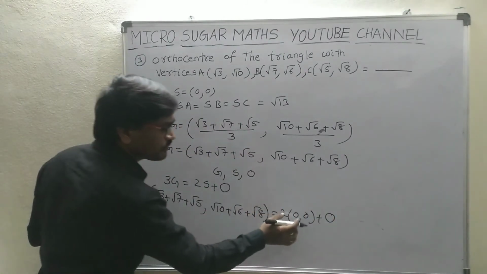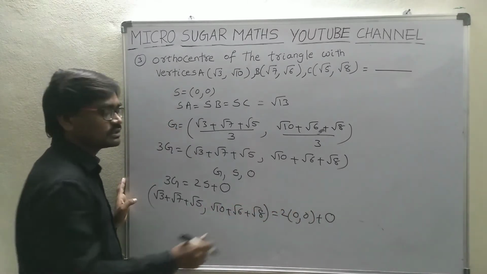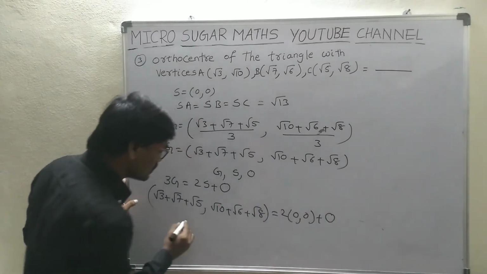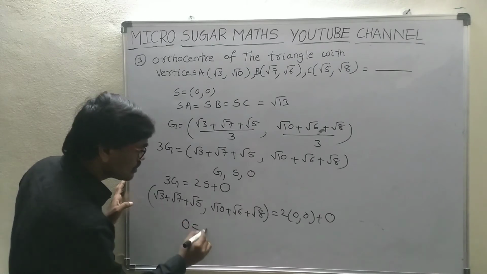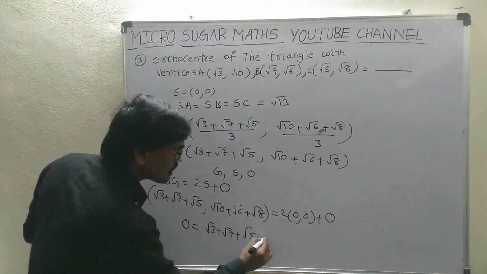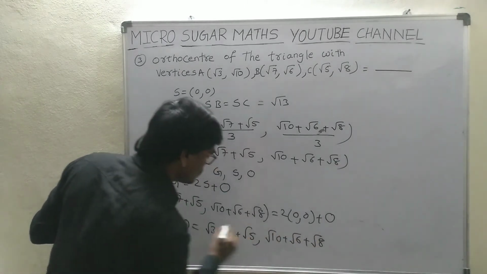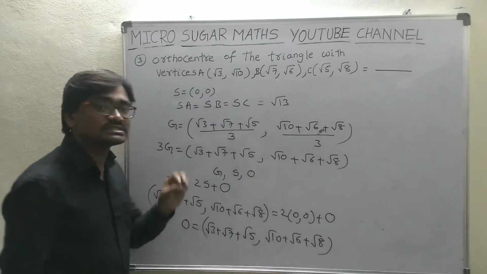On simplification, 2 into (0, 0) is (0, 0), so you will get only the orthocenter O. Therefore, the orthocenter is equal to (root 3 plus root 7 plus root 5, root 10 plus root 6 plus root 8).